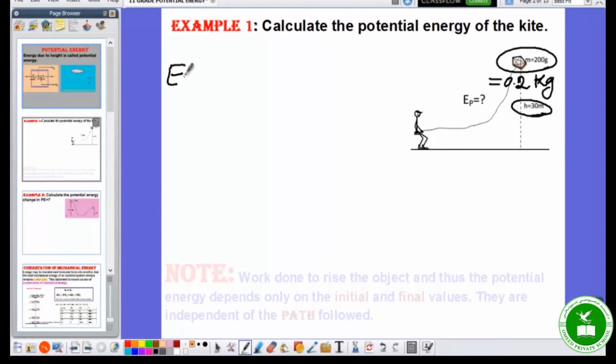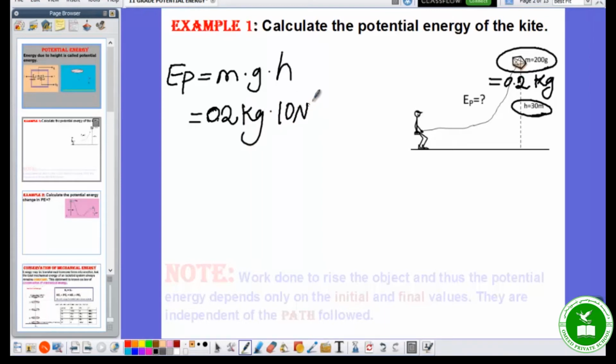Potential energy is equal to m times g times h. Mass is 0.2 kilogram, times g, which is 10 Newton per kg, times height, here it is 30 meter.